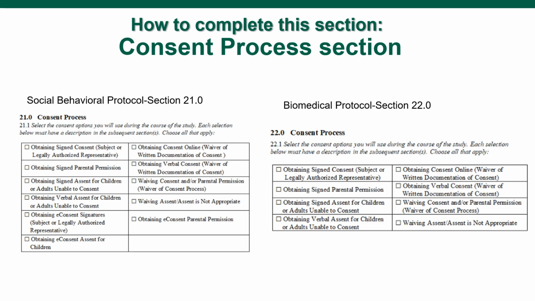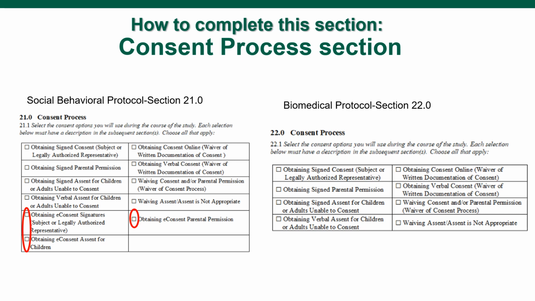Now be sure to use the mentioned checklist within the protocol when completing this section. If you determine based on the checklist that the waiver will not work for your study, but you would like to obtain signatures remotely, you can use the electronic consent, or the e-consent. Now, this is a method of obtaining informed consent with an electronic system instead of a paper consent form. Be sure you select the appropriate section in the chart.